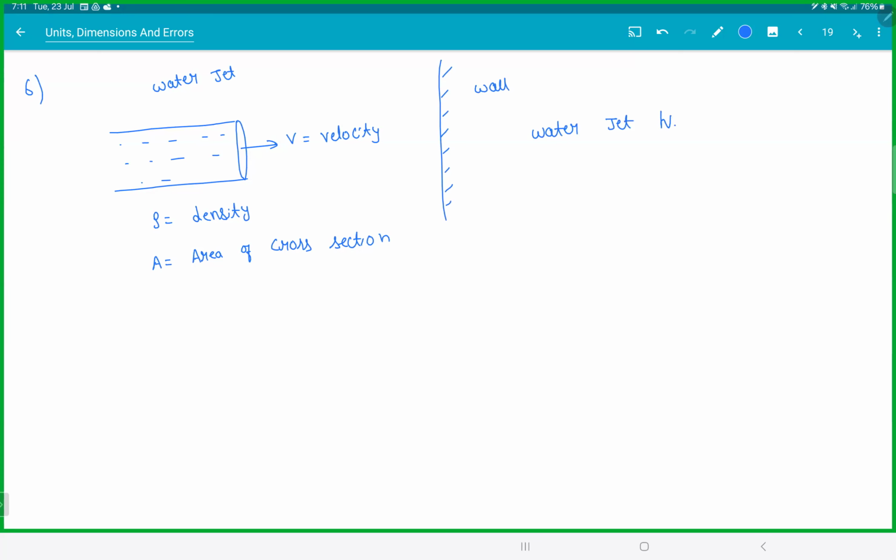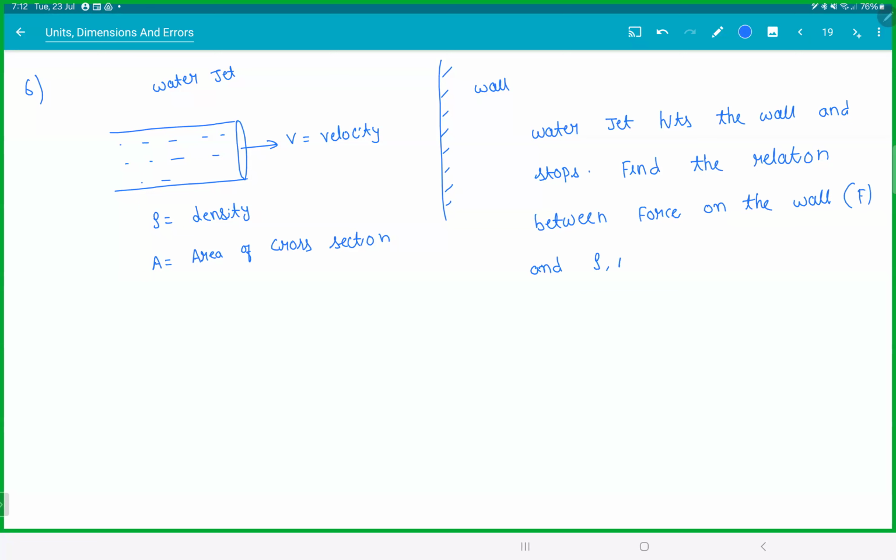So the water jet hits the wall and stops. Find the relation between the force on the wall. So when this thing hits the wall, there's a force. Let's call it symbol F and rho, A, v.